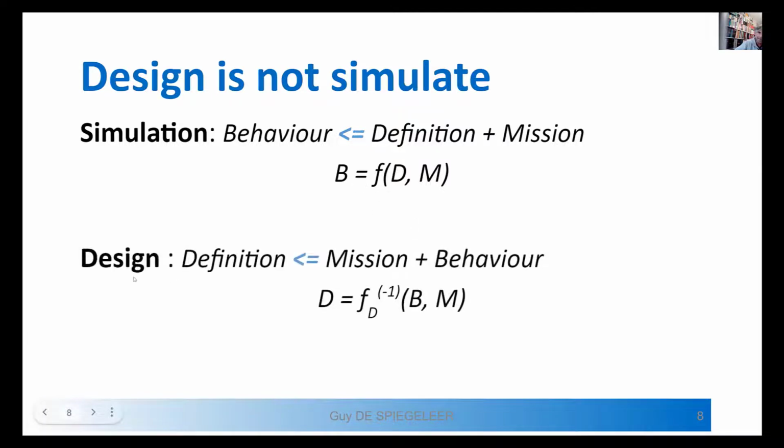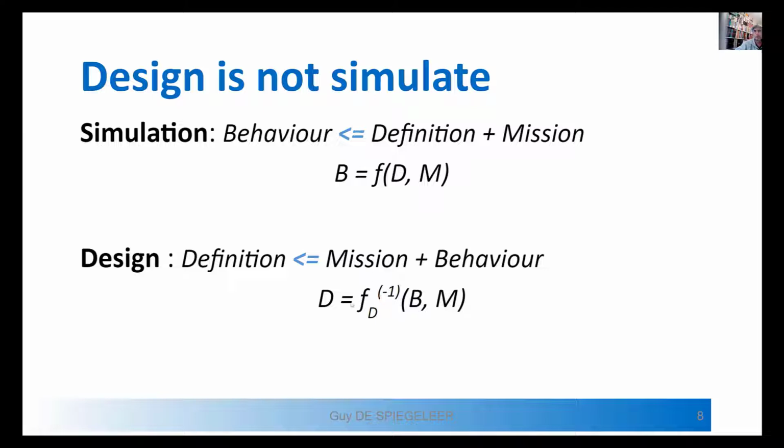When you design, it's different. You've got a mission, and you want to target a behavior. I don't want my engine to have a temperature over this limit of the material. So this is an input, and you want to compute the definition based on that. So it's more or less a reverse function.